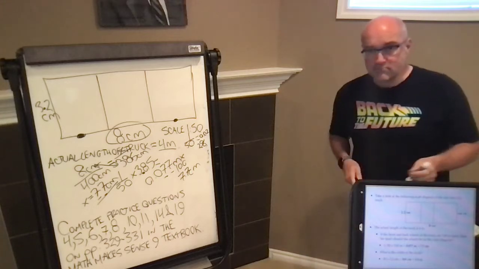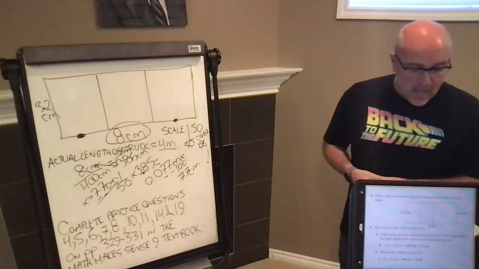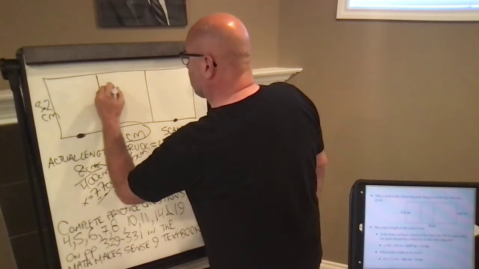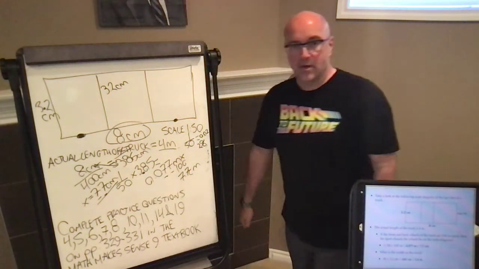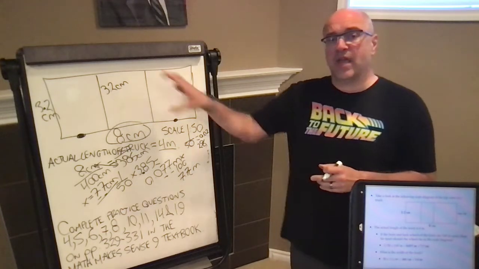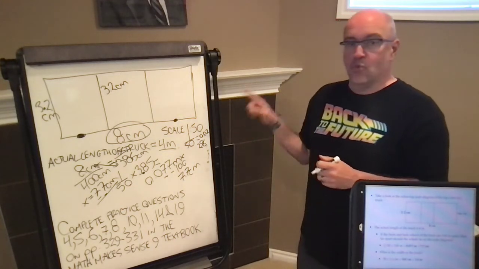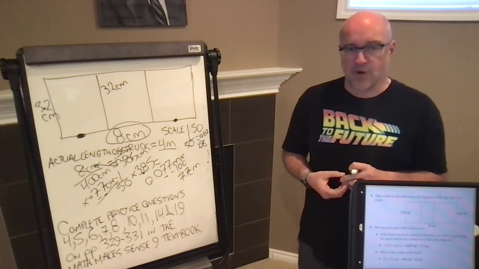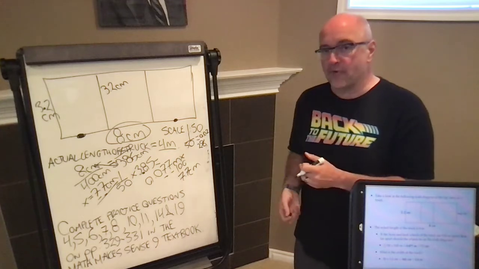All right, so here's the answer. We know that the width here is 3.2 centimeters on the diagram. We know that this is a scaled down diagram that is 1/50th of the original length of the truck. So that's scaled down to 1/50.